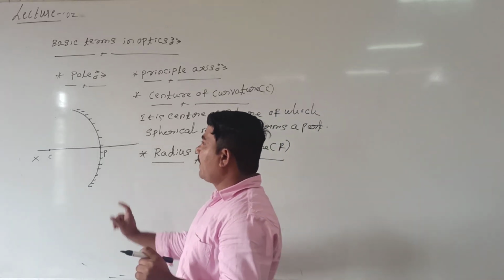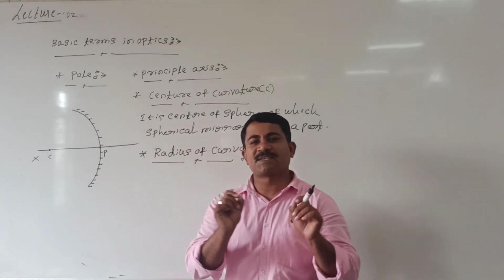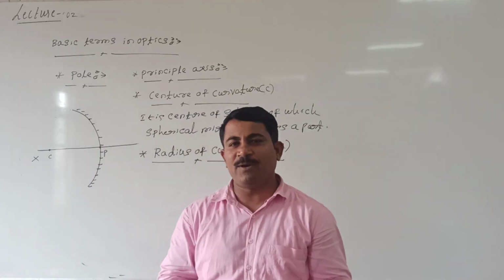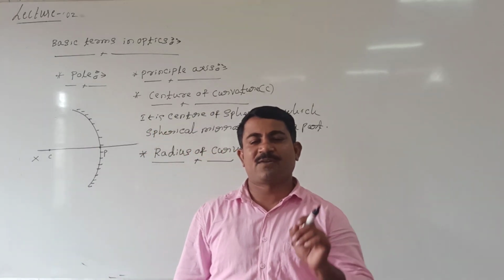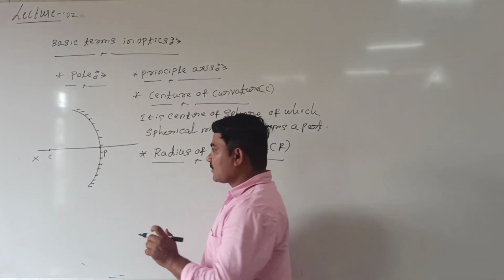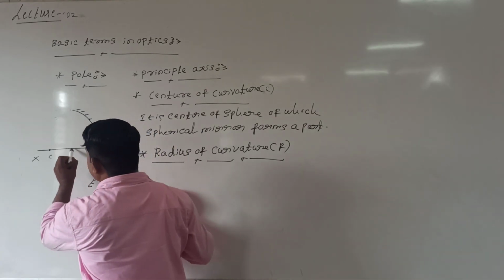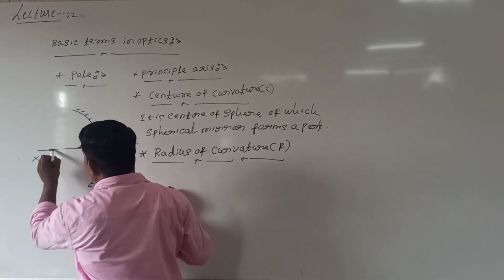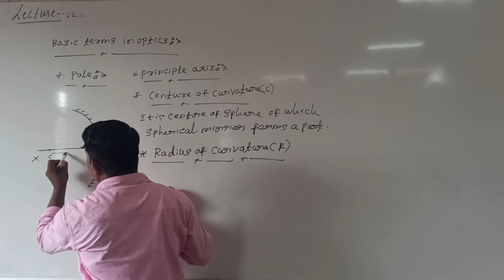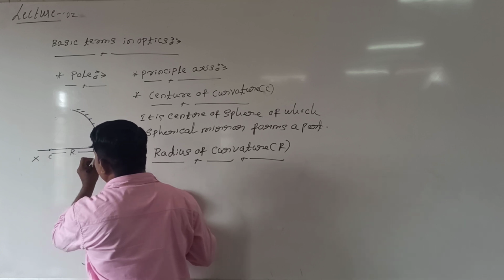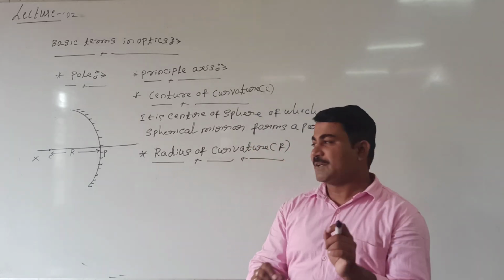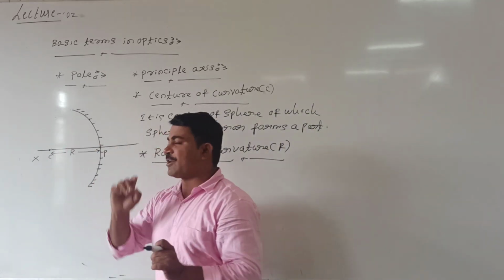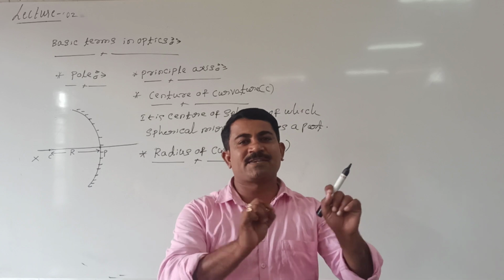The midpoint or center part of the mirror we call pole, and this point we call center of curvature. Here, what is radius of curvature? The distance between the pole and the center of curvature. Are you following this? The distance between pole and center of curvature, that we call radius of curvature.